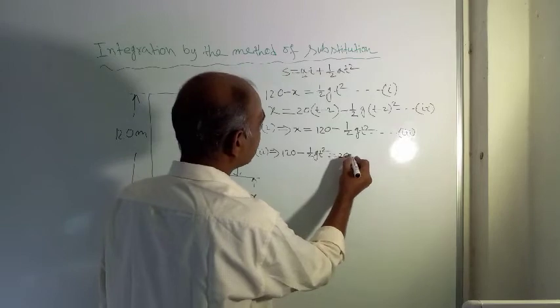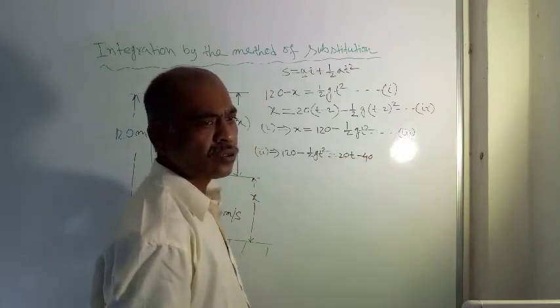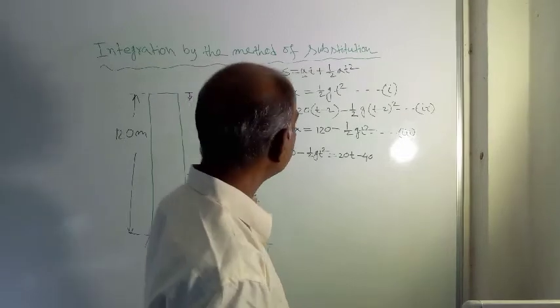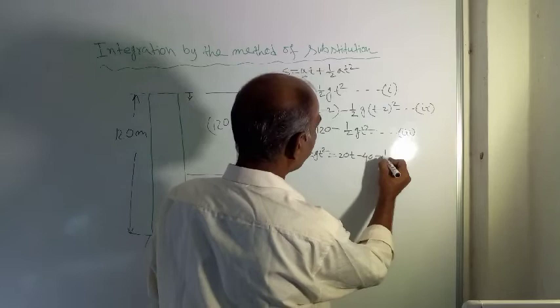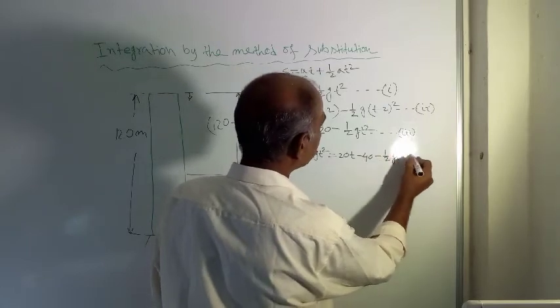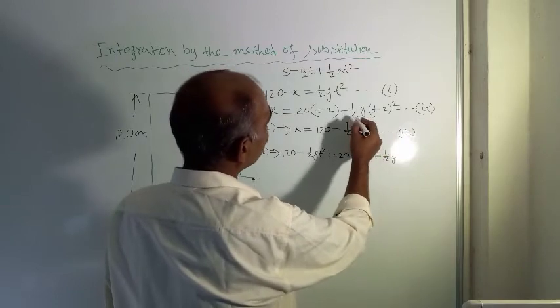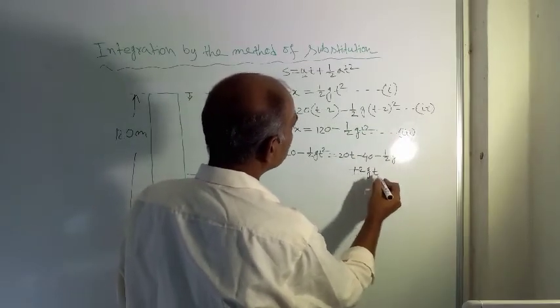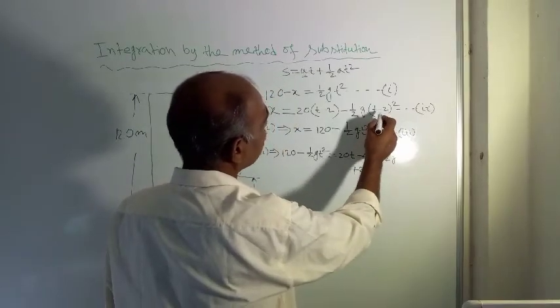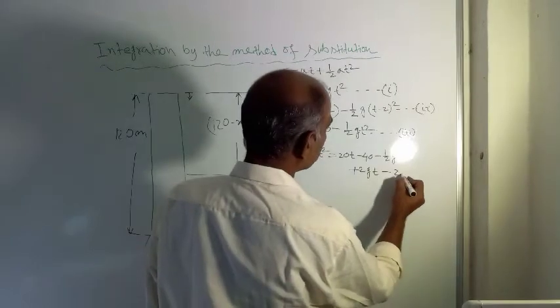20t minus 40, then minus half g t square, then minus 4t, so plus 2gt, and then plus 4 will be there, so minus 2g.